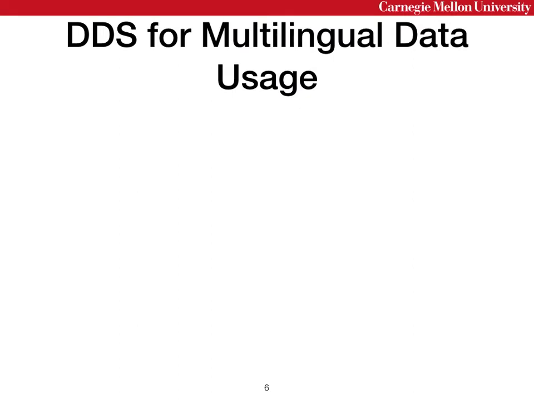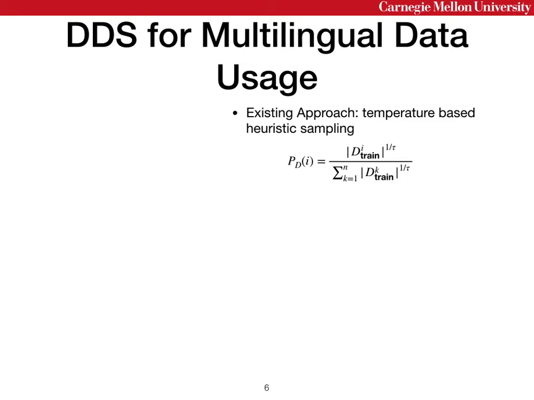But how do we use DDS to learn a multilingual data sampling distribution? We first take a look at the existing approach, where a distribution over the training datasets is defined to be proportional to the dataset size scaled by a temperature term.